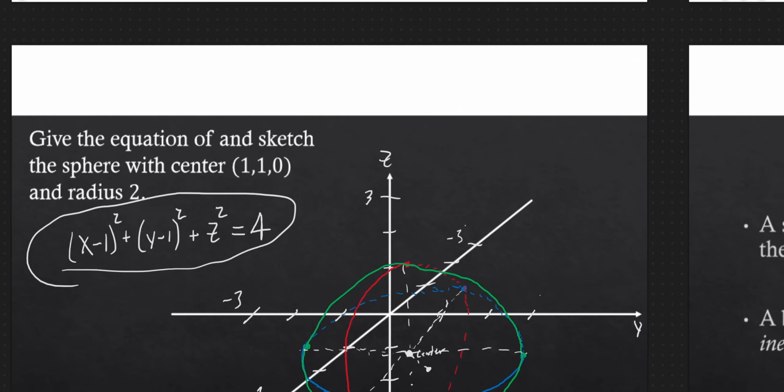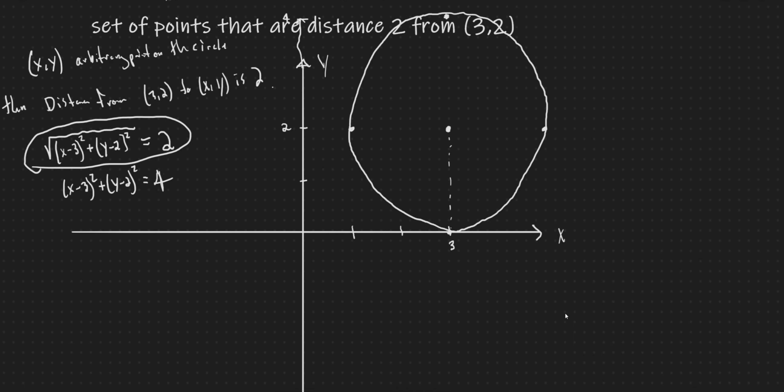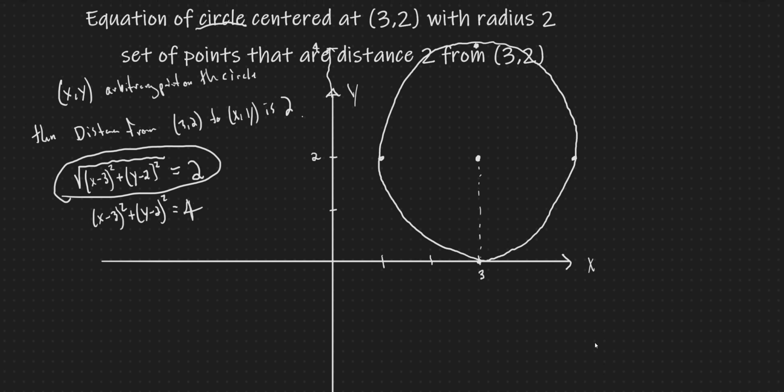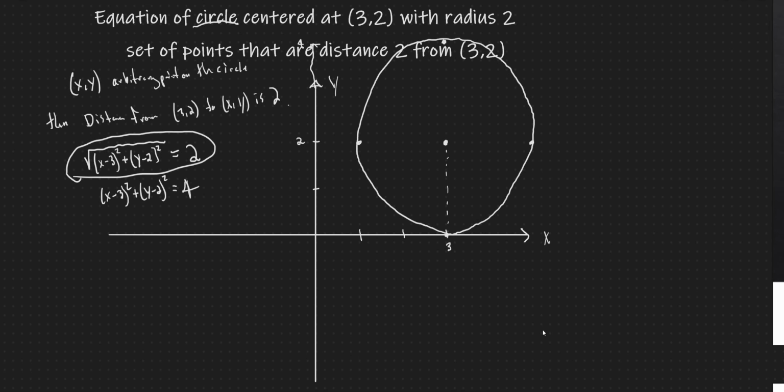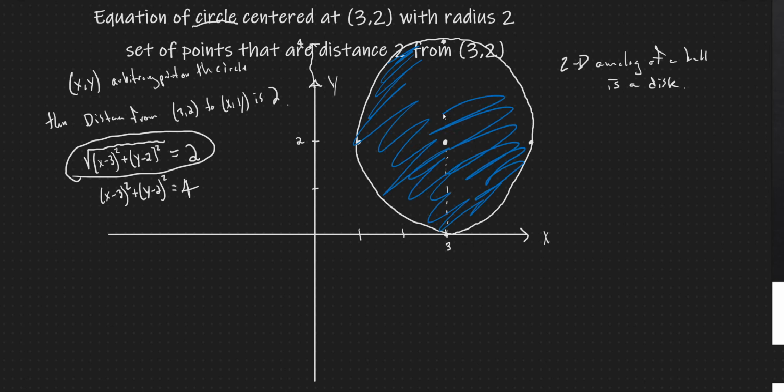That's the same thing back here, if I go to 2 dimensions again real quick. Instead of a circle, if I want a disk, so the 2D analog of a ball is a disk. And that's the stuff that's inside of a circle. So that's all of this that's inside the circle.